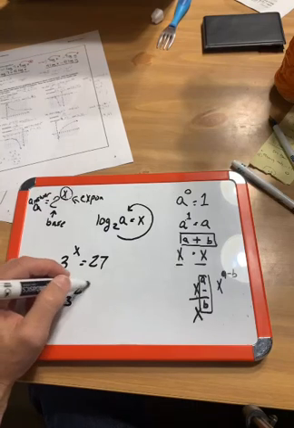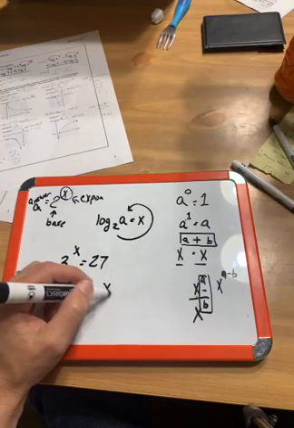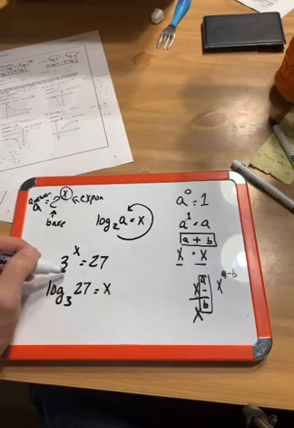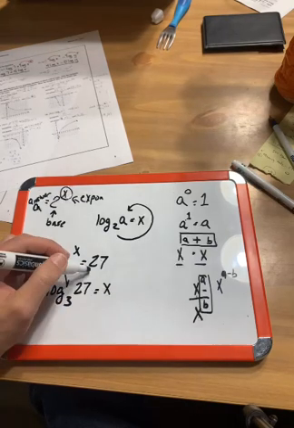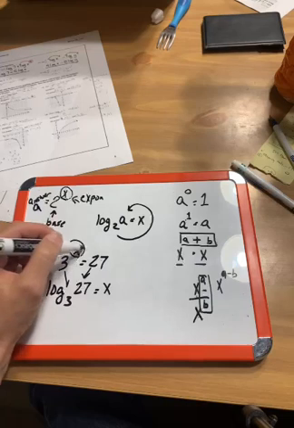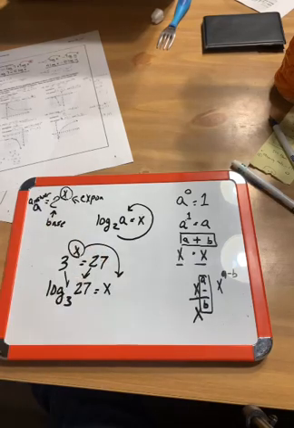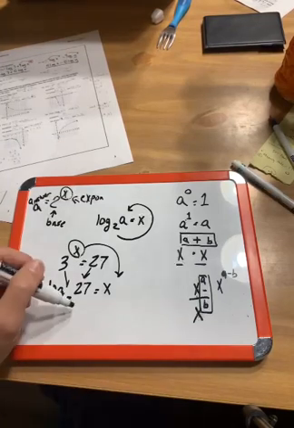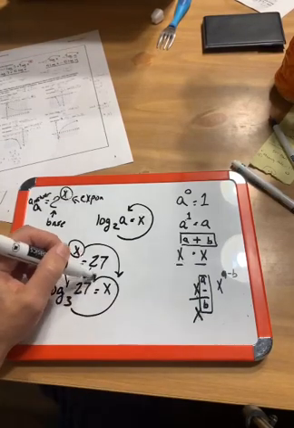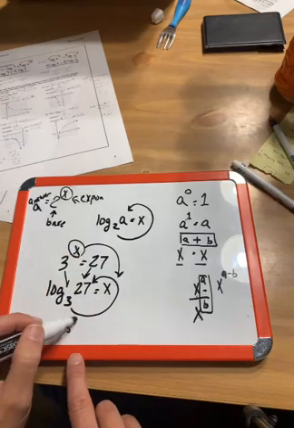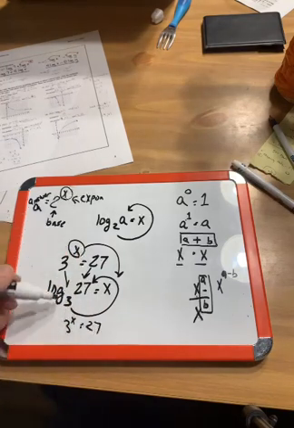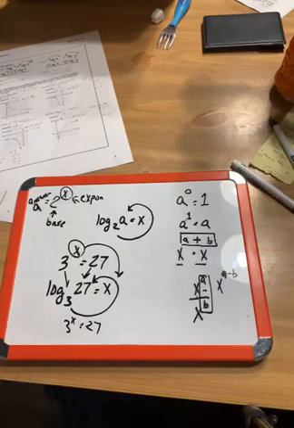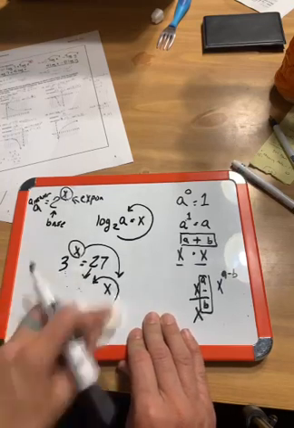The answer, 27, equals x. So I'm going to go backwards. I'm going to put my base down, put my answer down, and it equals my exponent. Okay, and then once you're in the log form, you can always just use your circle to double check. That would be 3 to the x equals 27. Okay, that's what I had. That means that I'm right in this direction.